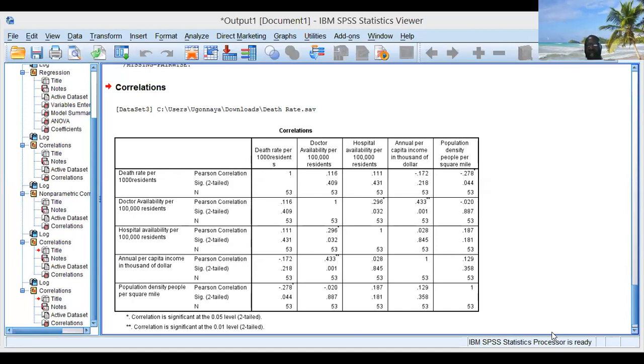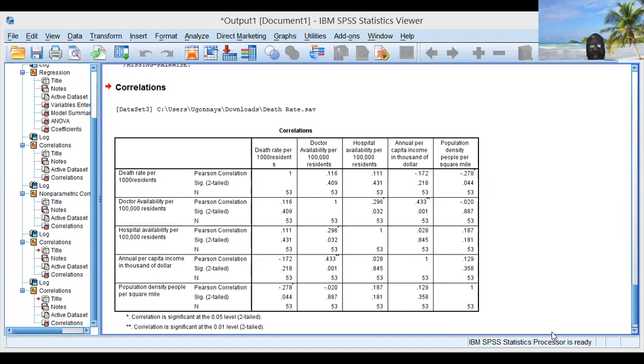Can you see now? So you see that the way you brought them in, death rate, doctor availability, hospital availability, annual per capita income, population density, the way it arranged it vertically is the way it also arranged it horizontally. Along the diagonal is when each of these variables correlates with itself.